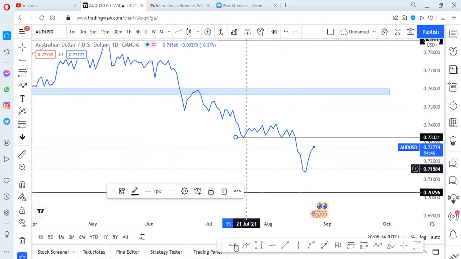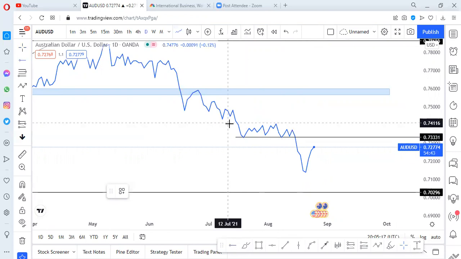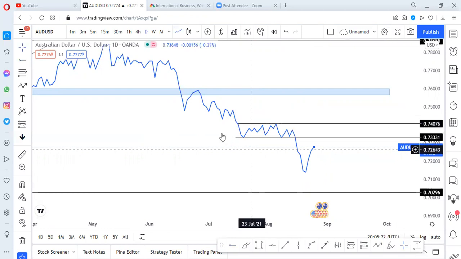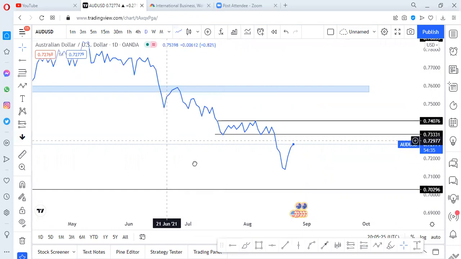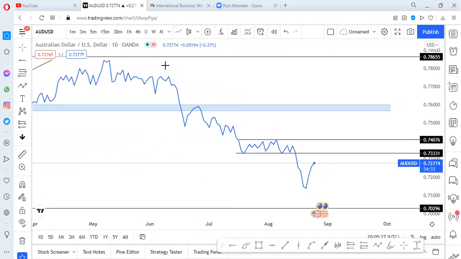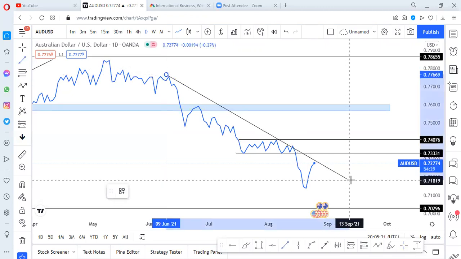The first one, levels of resistance, I would like to, right there, right? And we can see it's a downtrend, right? We agree that it's a downtrend.